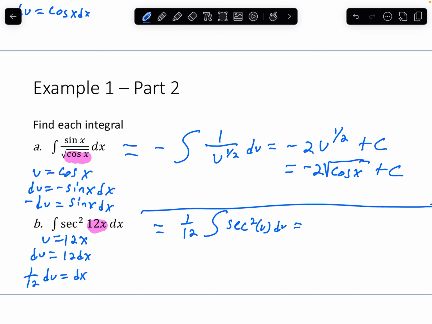And that makes 1/12 times the tangent of u plus c. And reapplying the substitution, this is 1/12 times the tangent of 12x plus c.